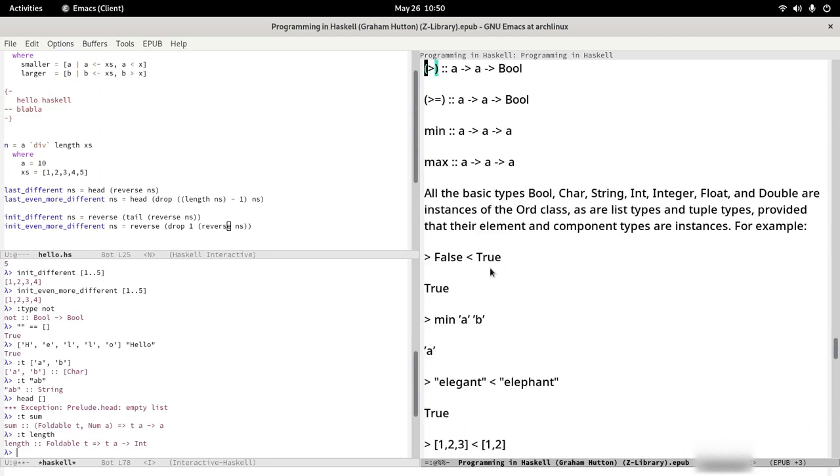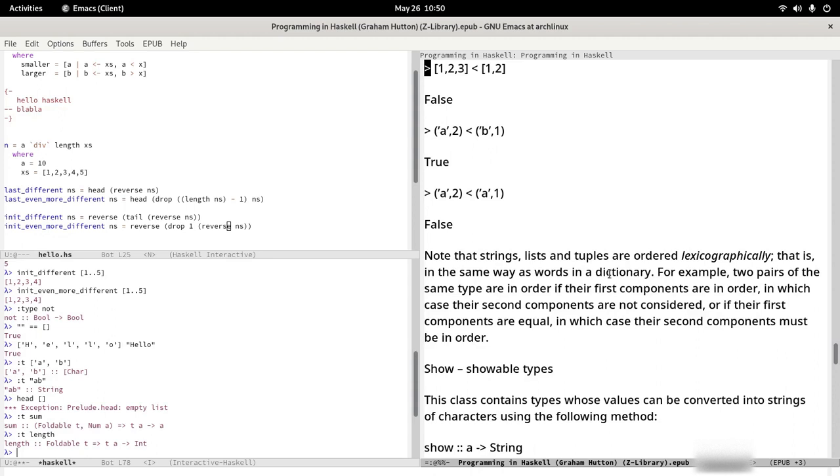All the basic types Bool, Char, String, Int, Integer, Float, and Double are instances of the Ord class, as are list types and tuple types, provided that their element and component types are instances. For example, False is less than True is True. What? That's weird. Min 'a' 'b' is 'a', "elegant" is less than "elephant" is True, False is less than True.